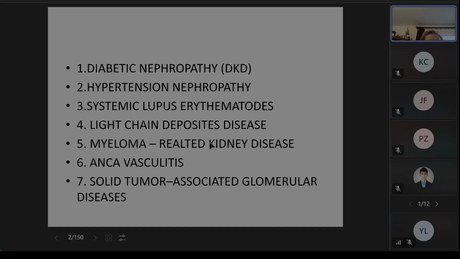If we will have quite enough time, I will tell you about myeloma-related kidney diseases and also about solid tumor associated with glomerular diseases.